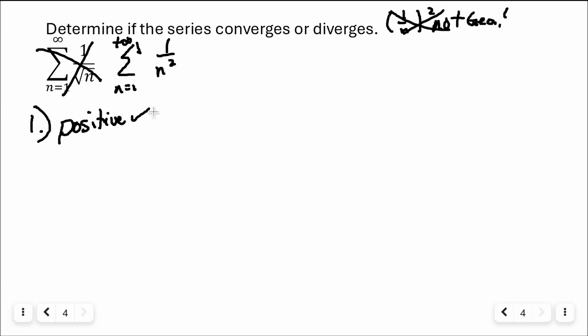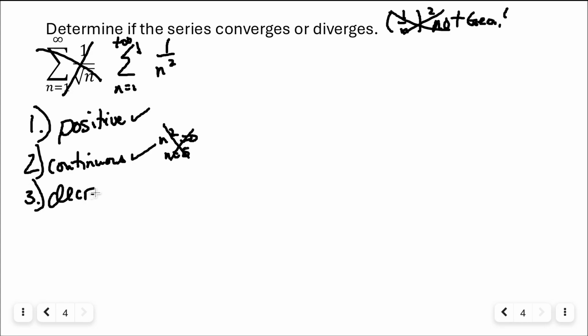There's no doubt about that, right? n equals 1 to infinity. Plug in any positive number here, you're going to get a positive answer. Is it continuous? Well, it would be discontinuous when n squared is equal to 0. So n would be 0, but n starts at 1. So that's no good. So it's continuous, and then it has to be decreasing.